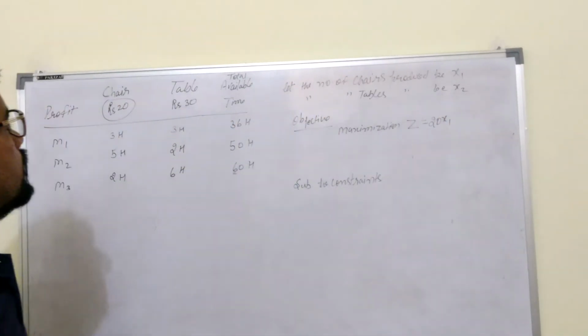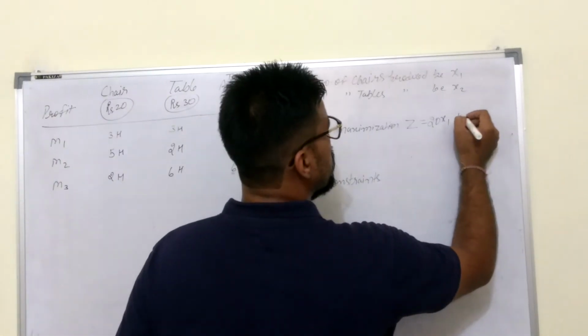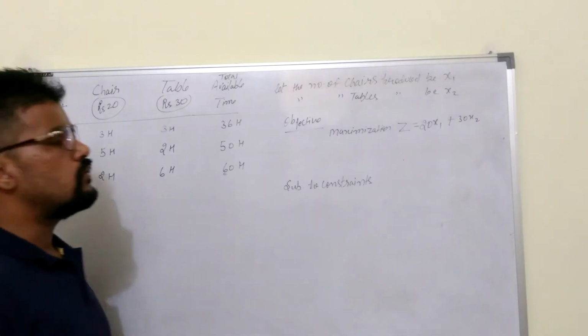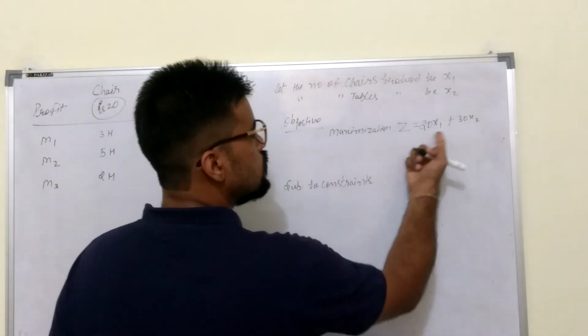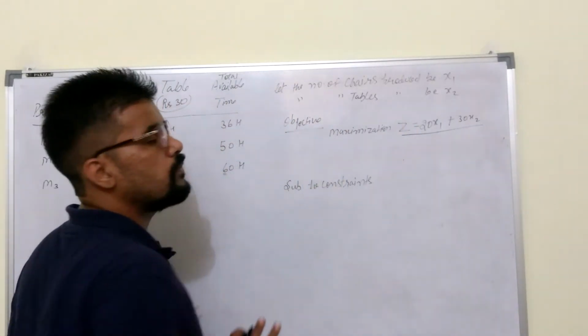And 1 unit of table gives you 30 rupees of profit, so from x2 tables the total is 30x2. This is your total profit, and maximizing it is your objective.